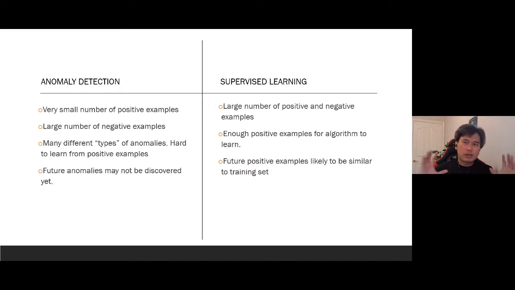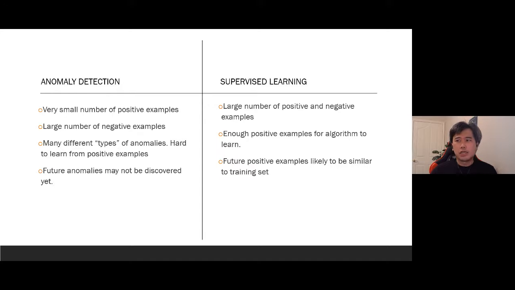So let me go back and try to give you an example. When should you use anomaly detection rather than supervised learning? If you have a very small number of positive examples, meaning anomalies, if you have a very small number of anomalies that you're trying to detect, then it makes sense to use anomaly detection formulas.